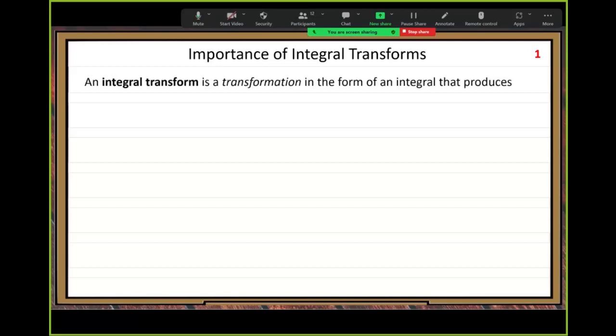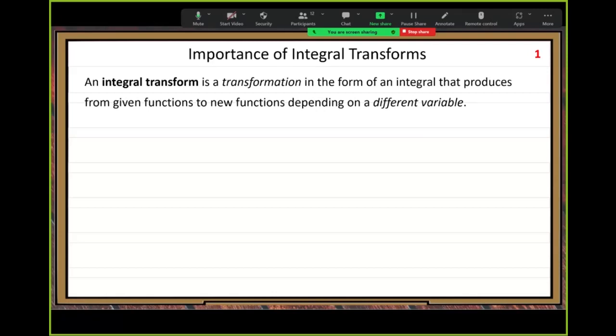That's an integral transform. Why is it important? An integral transform is a transformation in the form of an integral that produces, from given functions, new functions depending on a different variable.